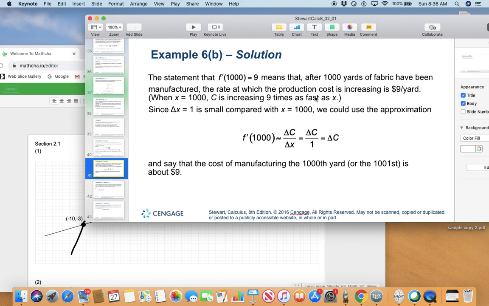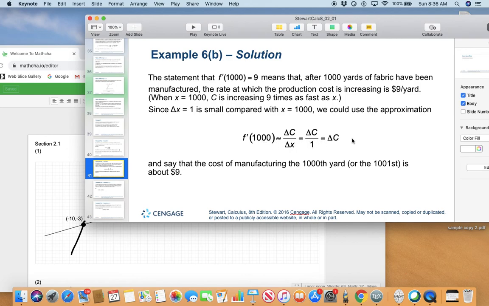Okay, because that is the rate of change of production cost. Because this is positive, we are expecting the cost to increase by $9 per yard. So f prime of 1000 is approximately delta C over delta x. Let delta x be 1; compared to 1000, delta x is small.